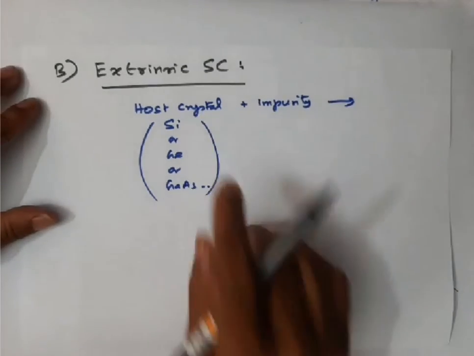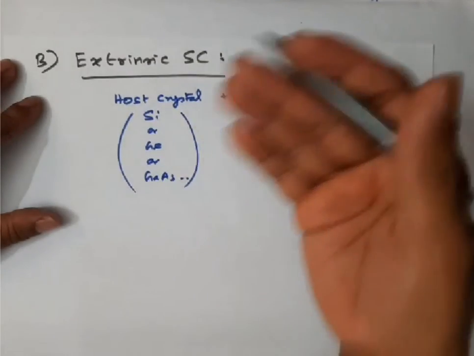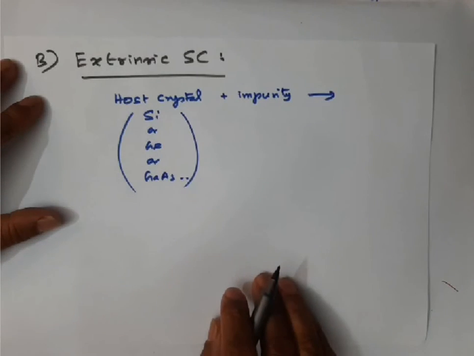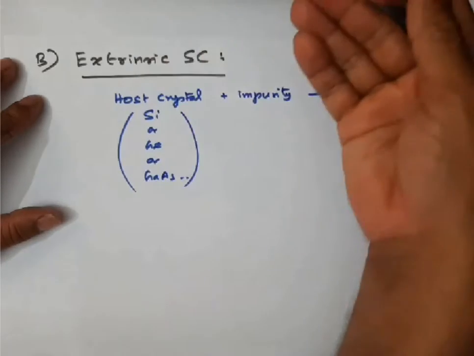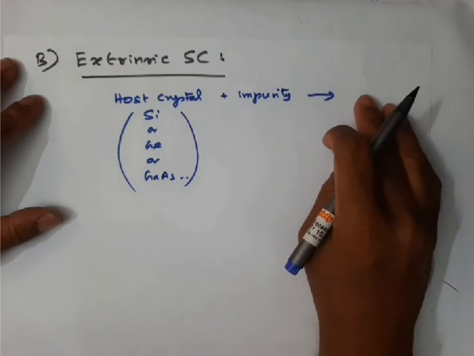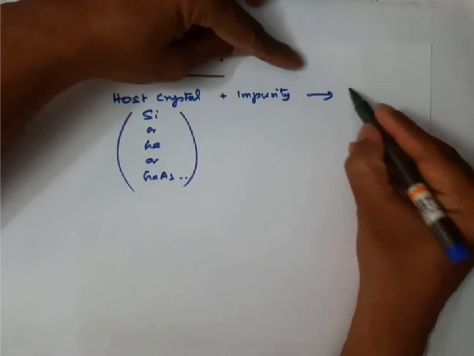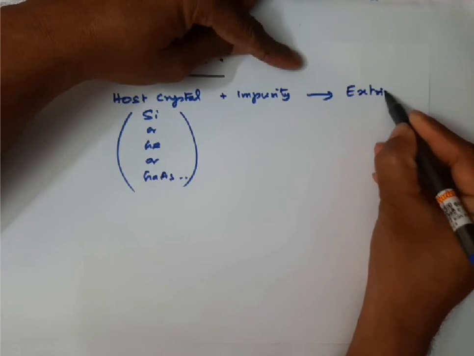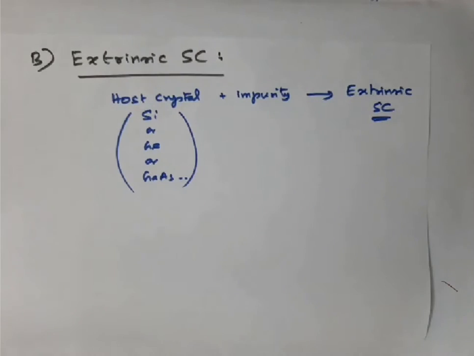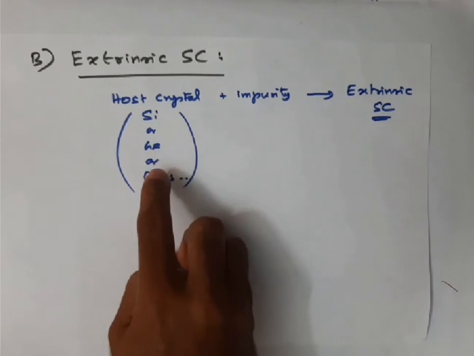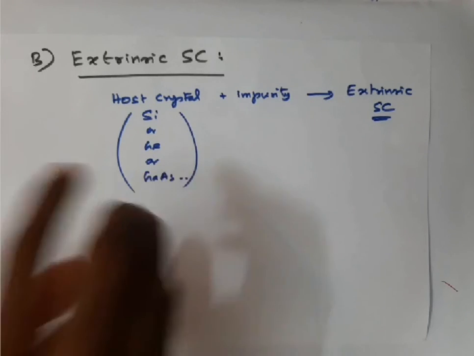So addition of impurity increases the conductivity of the material. So by adding impurity, if the conductivity increases, we call those semiconductors extrinsic semiconductors. Students, keep this in mind. Silicon, germanium, gallium arsenide are all examples of intrinsic semiconductors.